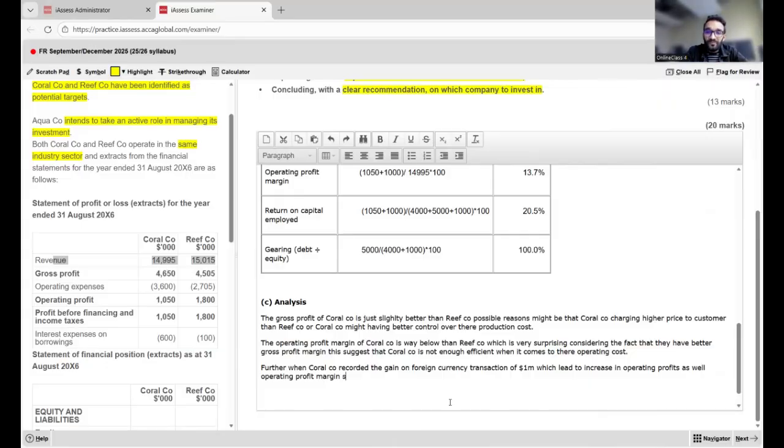So again, it is a one-off event, right? It is a one-off event.